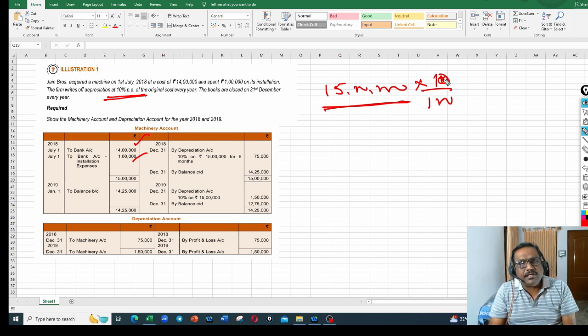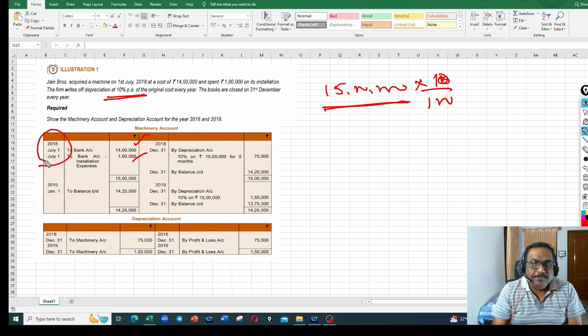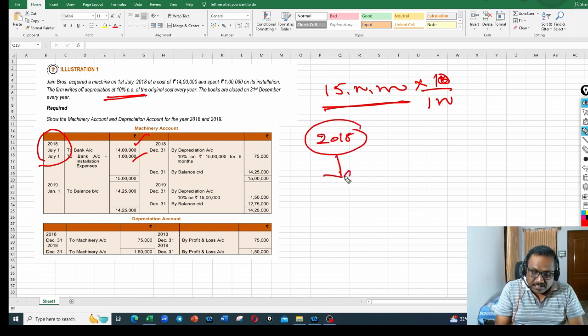Can we calculate 10% straight away? If I calculate 15 lakhs into 10 by 100, that would be depreciation for 1 year. But the asset is purchased on 1st July: July, August, September, October, November, December. In 2018 the asset was used only for 6 months.